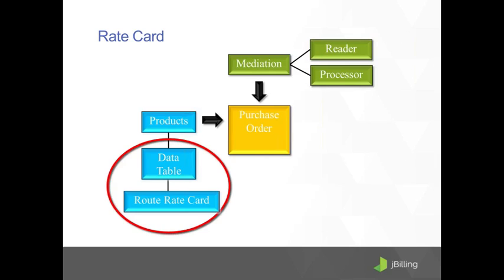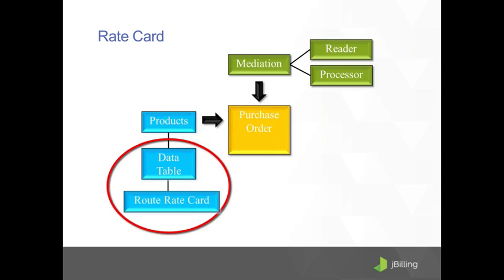However, data tables can also be used to define other things. Overall, what data tables are is a generic mechanism for mapping external information to internal jBilling information. So for example, another customer that we have uses data tables for file processing, so porting of customers.